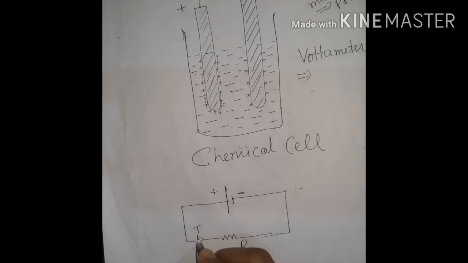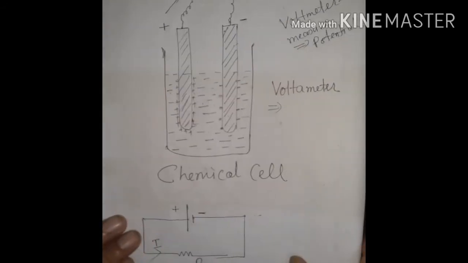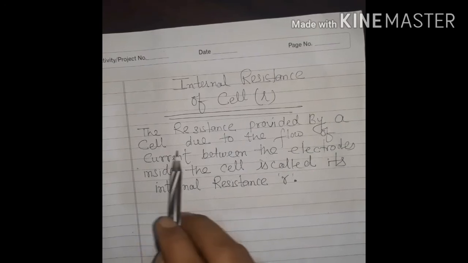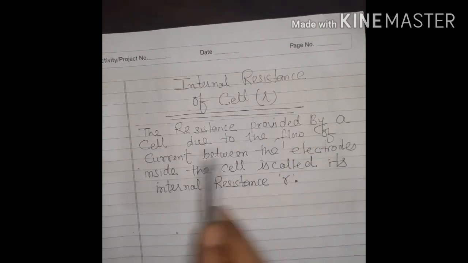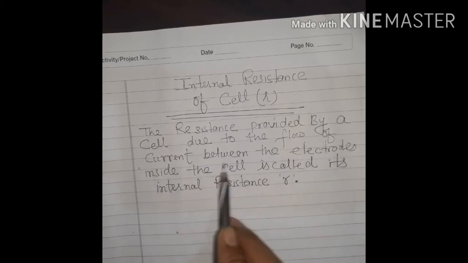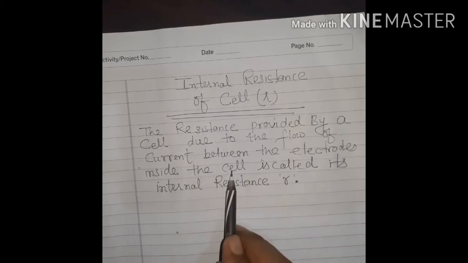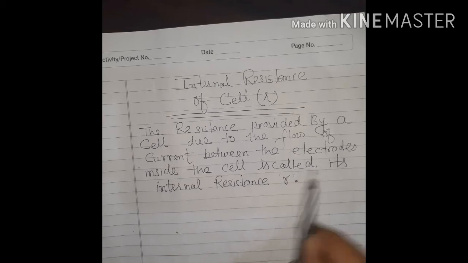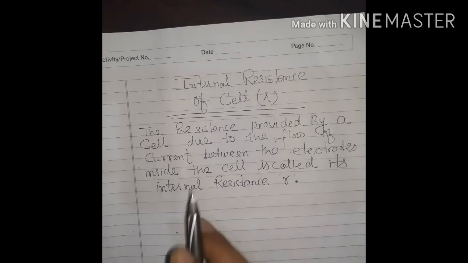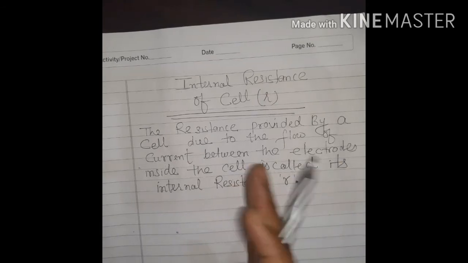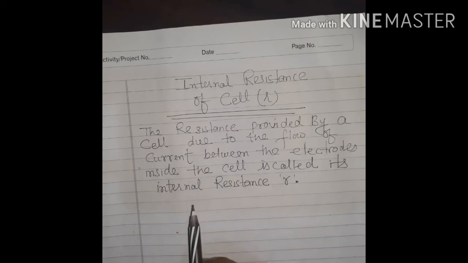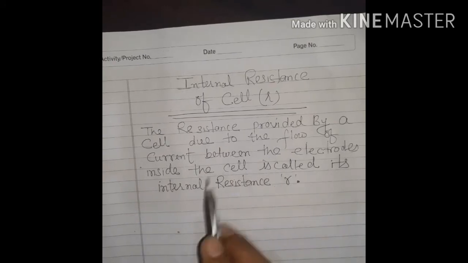Now let's understand what the definition of internal resistance says. The resistance provided by a cell to the flow of current between the electrodes inside the cell is called its internal resistance. Because the ions are moving from the solution to the positive end, they are producing a current inside the cell.